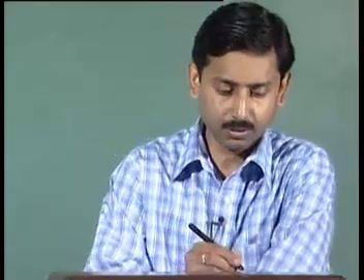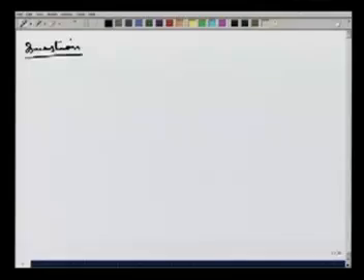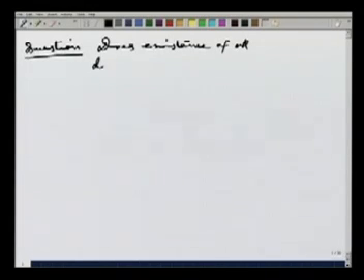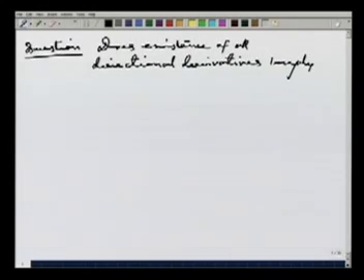Now the question we ask is, does existence of all directional derivatives imply continuity of the function? So this is the question. Does existence of all directional derivatives imply continuity of the function?